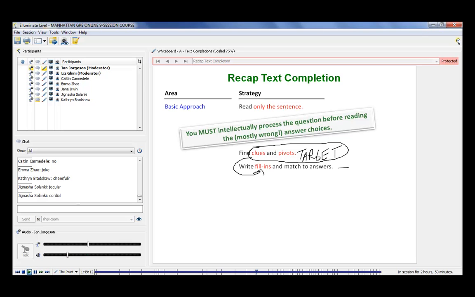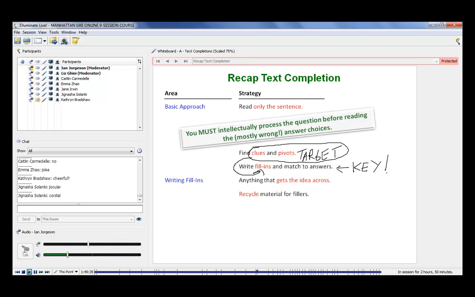And I think this is the key. If you get good at writing good fill-ins, you get good at answering questions. If you don't, then you get some of them right because you intuitively understood it, but you get them wrong when they get harder. We want to put ourselves in a position where even when they're difficult, we're able to still work our way mechanically through a process that gets us there.